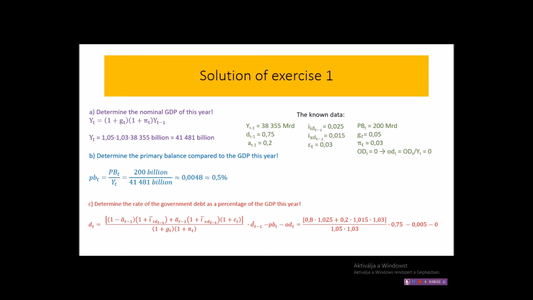0.8 multiplied by 1.025 is the result of the first two brackets, plus a t minus 1 multiplied by 1 plus I x d t minus 1 multiplied by 1 plus epsilon t, which is 0.2 multiplied by 1 plus 0.015 multiplied by 1 plus 0.03. So in this case, the rate of the government debt in foreign currency appears, which was 20%.